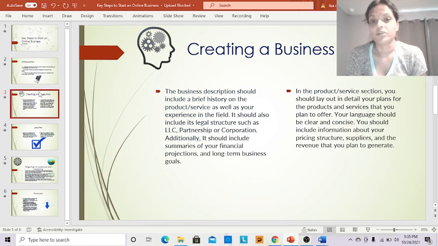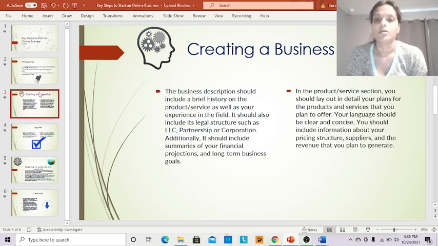It can list a brief history of that product or service as well. It should always include whether the business will be a corporation or an LLC, and it should include information on financial data as well, and what the business goal is.